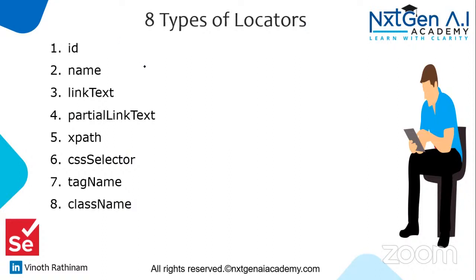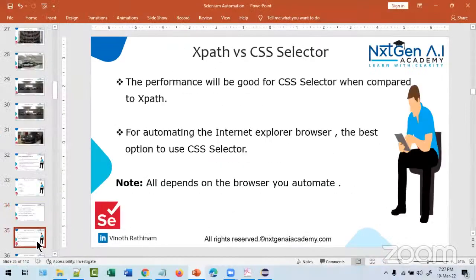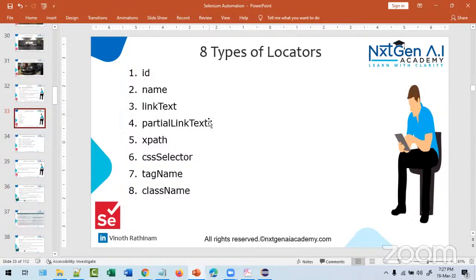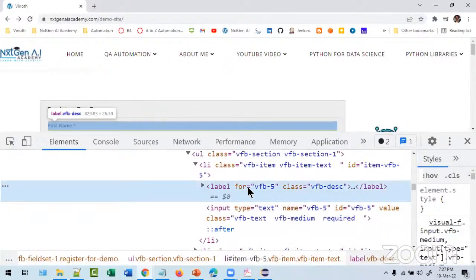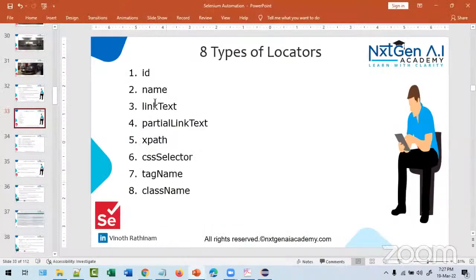So why do we need these? Attributes, we will have so many attributes. If you see, it is quite confusing, but focus well. Only 8 locators are available, but if you see in this web page, you have for, you have type also there, value is also there, but it is not mentioned in this slide.